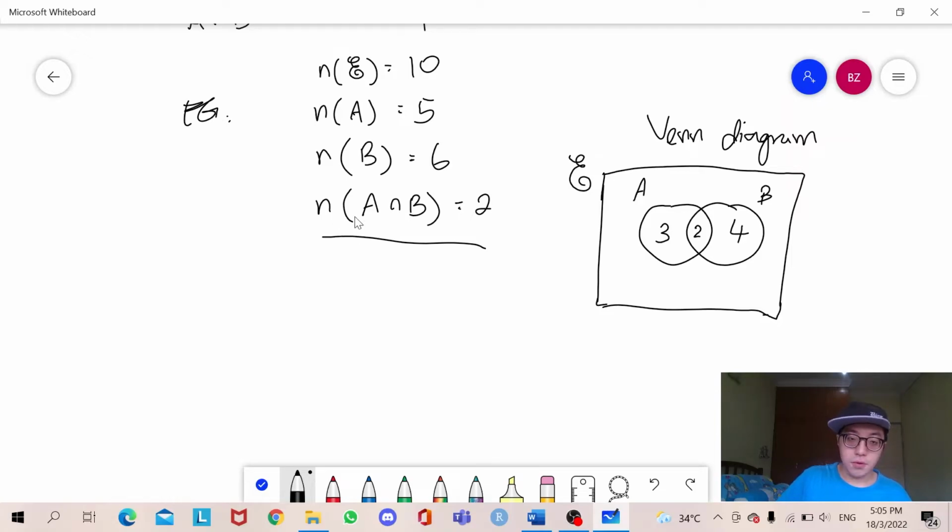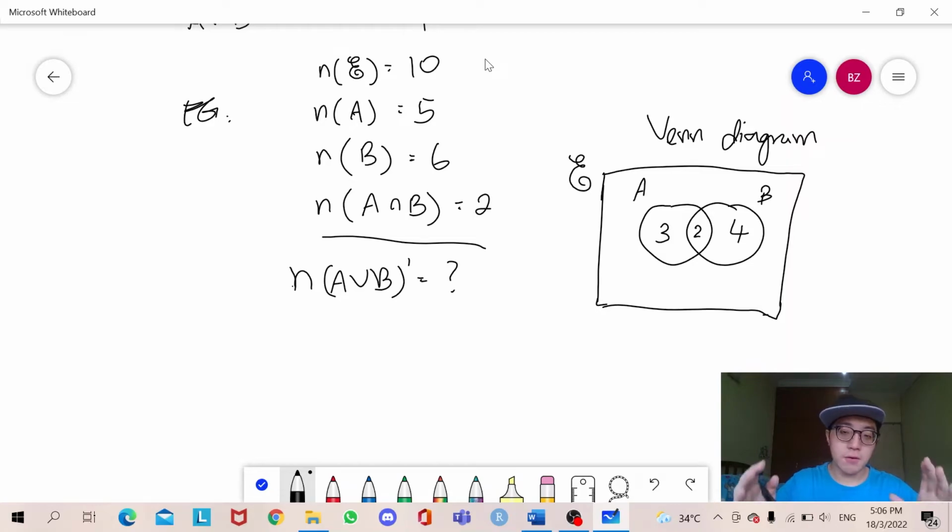From here, what is everything outside A union B? What is the number of elements outside here? Because there is a possibility that something is outside here. You are given that the number of elements in the universal set is 10, so every single thing inside this Venn diagram should total 10.